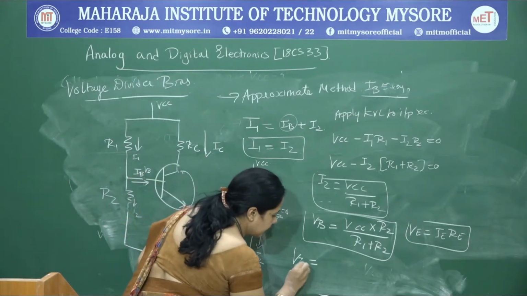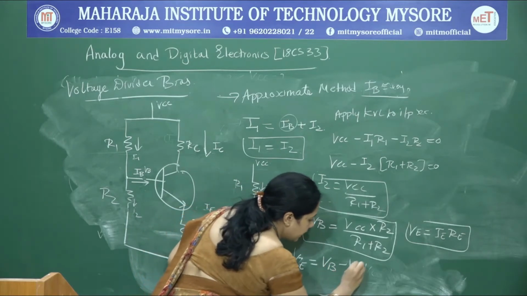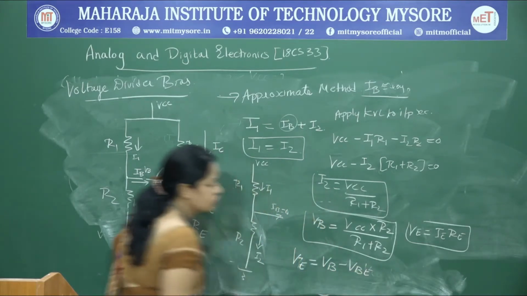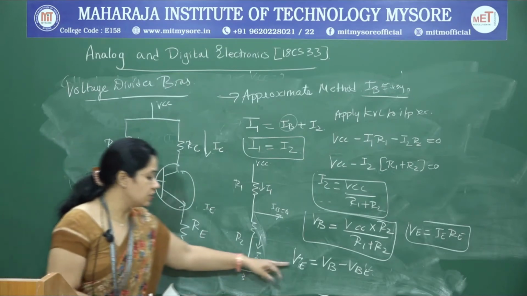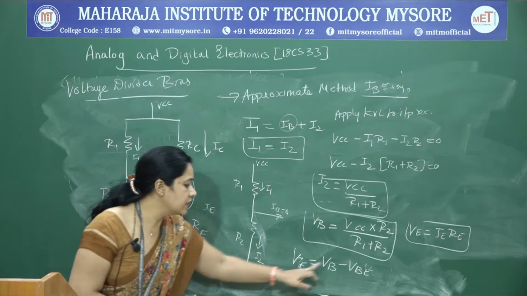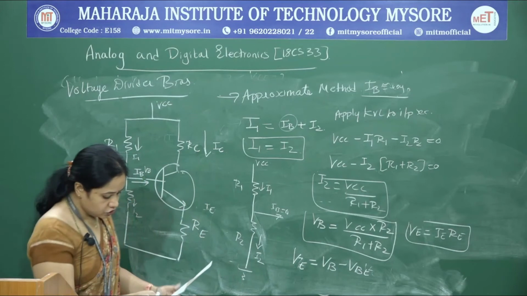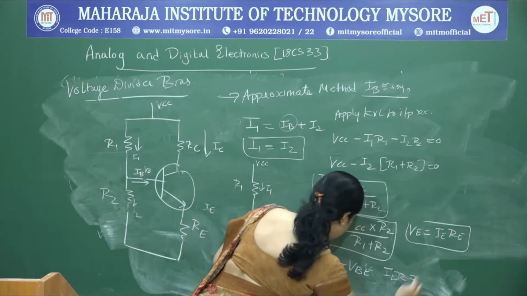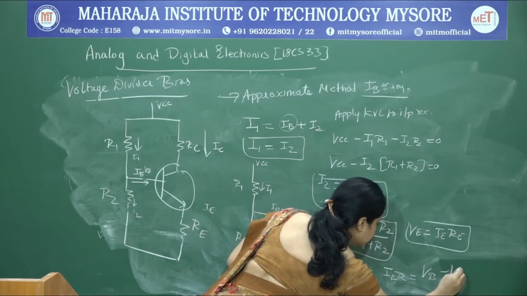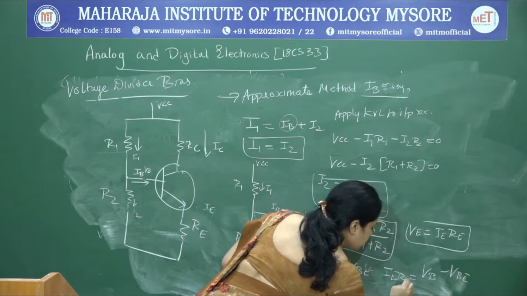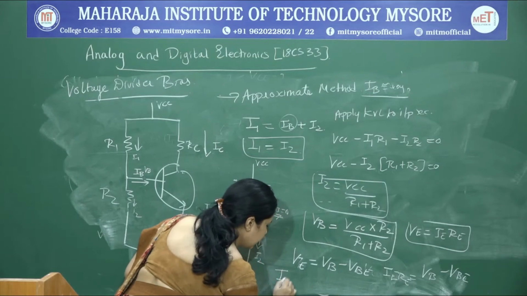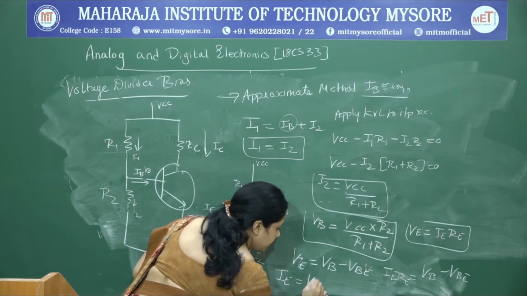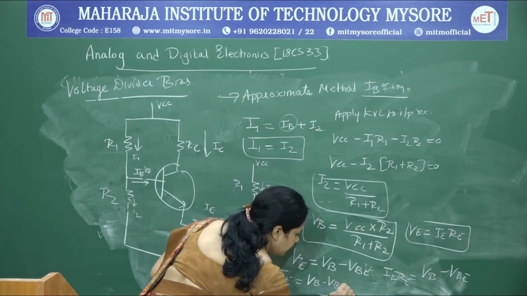So, VE I can write as base voltage minus base emitter junction voltage. So, I can write IE RE is equal to VB minus VBE, or otherwise IE is going to be VB minus VBE by RE.